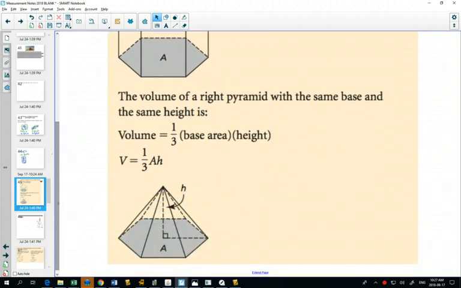And any time you have a pyramid, and a right pyramid is where that point is right at the top, right in the middle, the area of the base times the height would be the prism, and the pyramid will always be 1/3 of that.